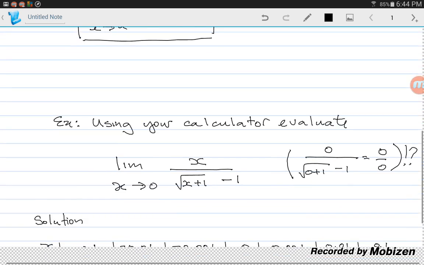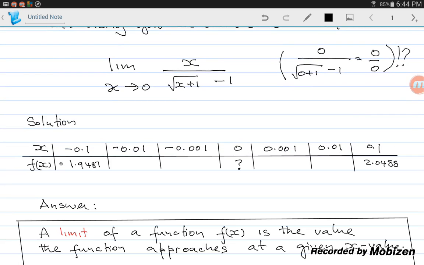And so, as before, we form our table with some values slightly less than 0, some slightly more than 0, and we substitute our values and see what we get.